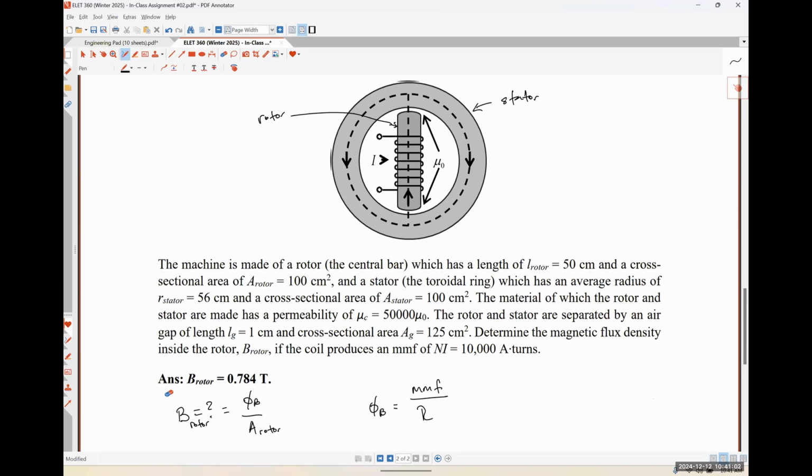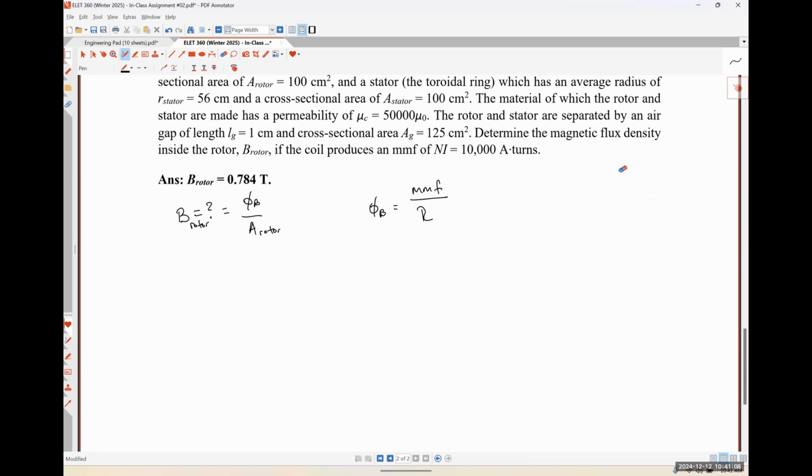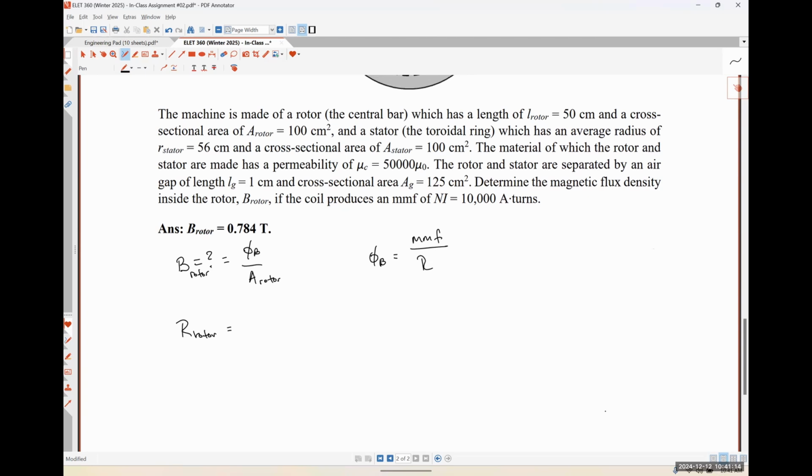So we can simply add those three components together. Let's figure out the reluctance of the rotor first, using our basic L over mu times A equation for reluctance, which is the only thing we've got to go with.